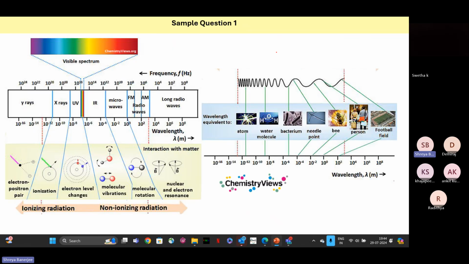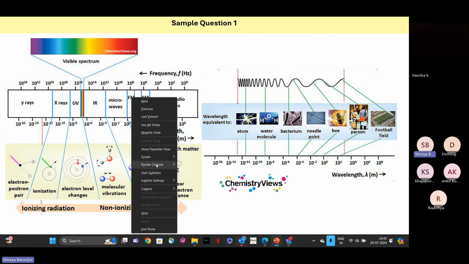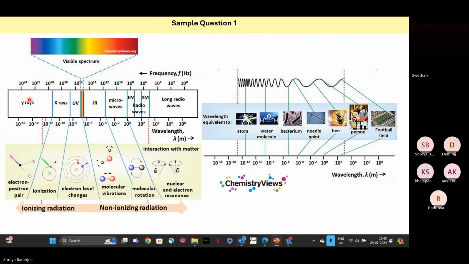So basically, if you look at the electromagnetic spectrum, you can see radio waves have the lowest frequency. And gradually, as the frequency increases, you go to microwave, IR, UV, X-ray, gamma rays. This is the entire electromagnetic spectrum.